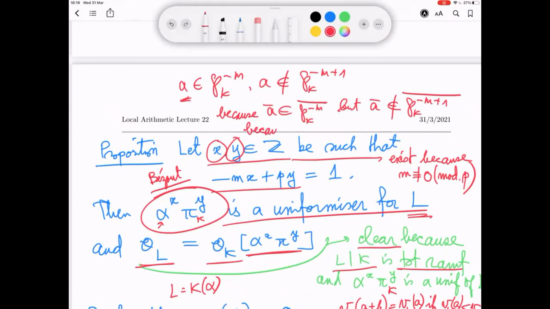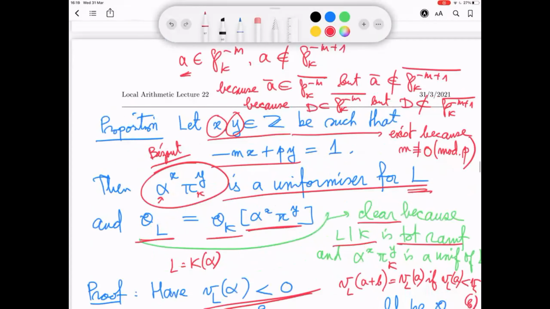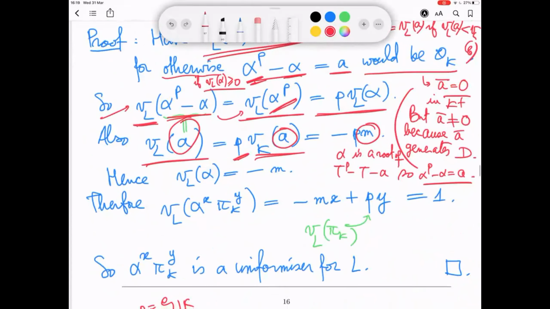That is because D is contained inside this PK minus M bar, but D is not contained in PK minus M plus 1 bar.